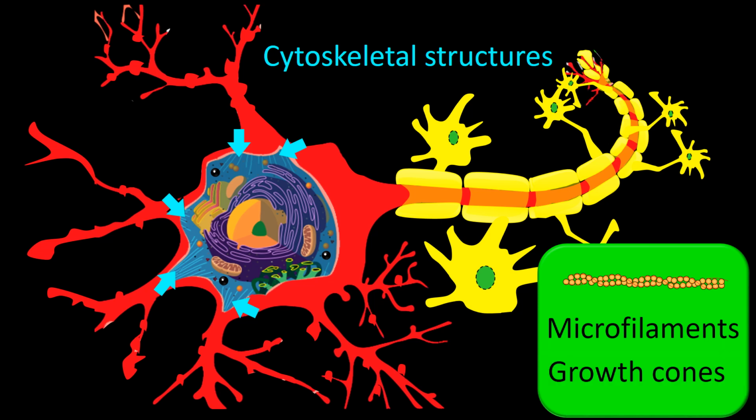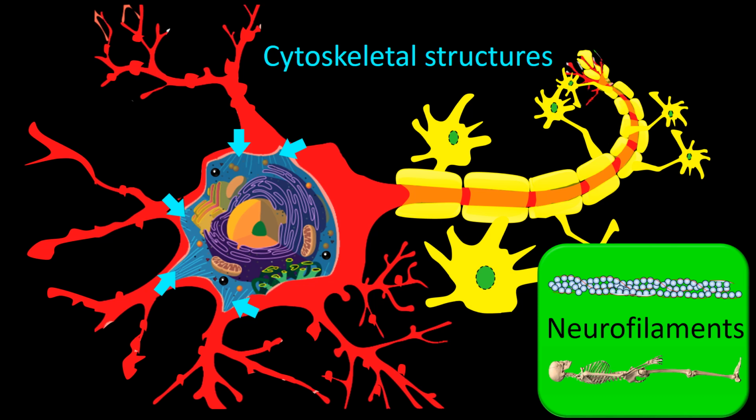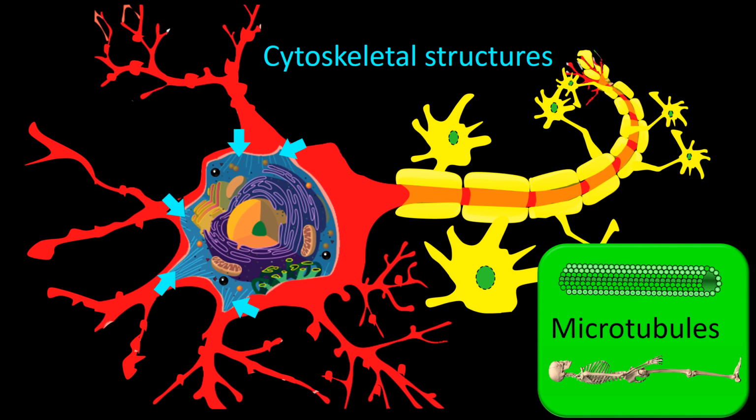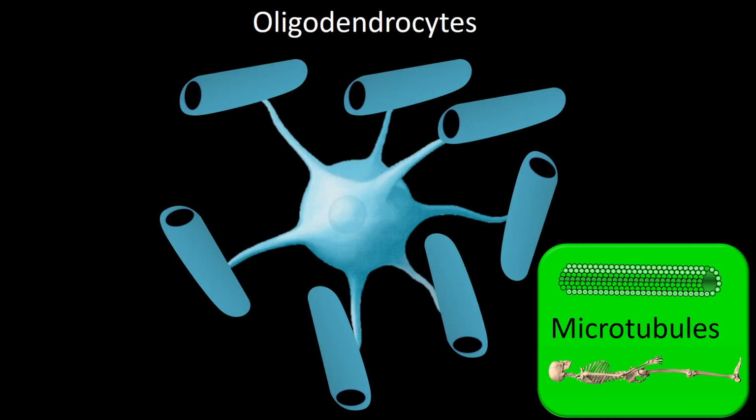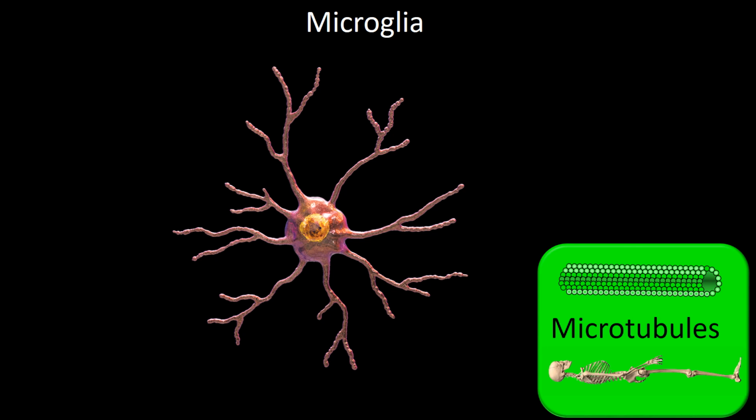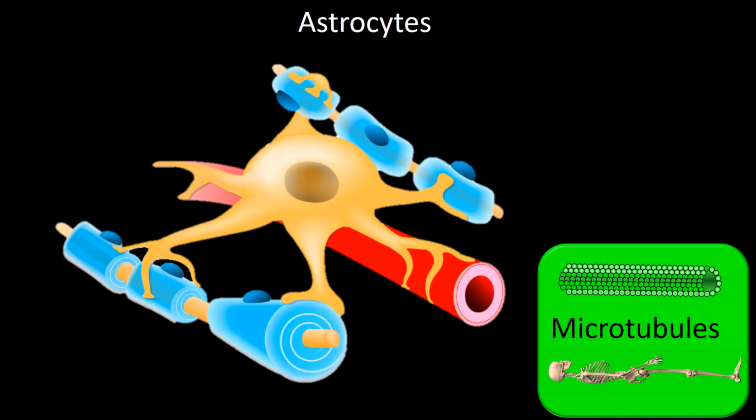They are very numerous in the growth cones. Neurofilaments, the main skeletal component of neurons, and microtubules. Microtubules are also found in oligodendrocytes and to a lesser extent in microglia and astrocytes.